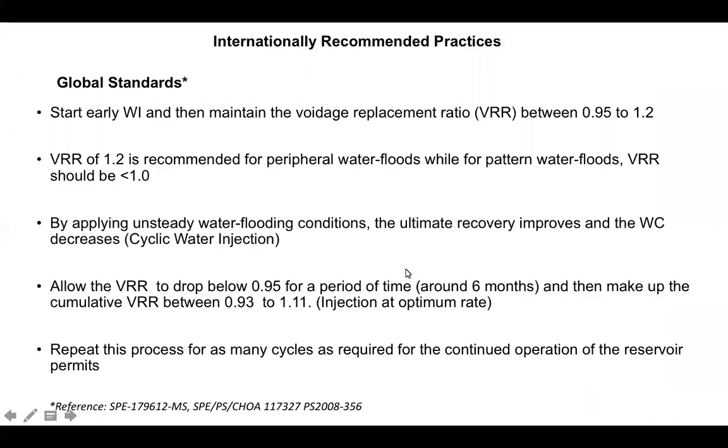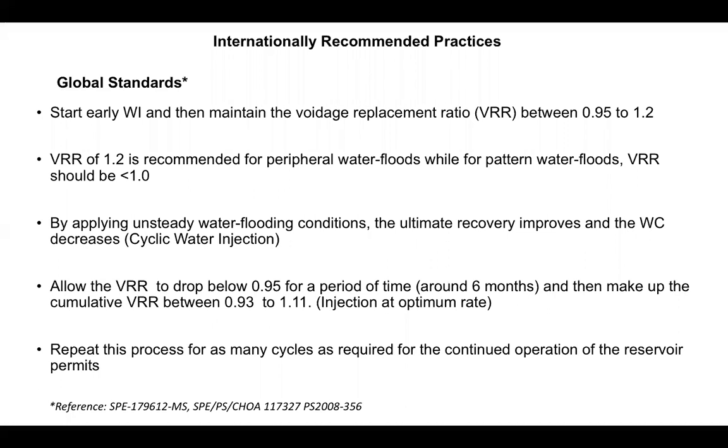Okay, so I've explained many plots. Now let's see what the global standards of water injection are. What are the international practices? Start early water injection and then maintain voidage replacement ratio between 95% to 120%. VRR of 1.2 is recommended for peripheral water floods, but for pattern water floods, it is recommended to be below 1.